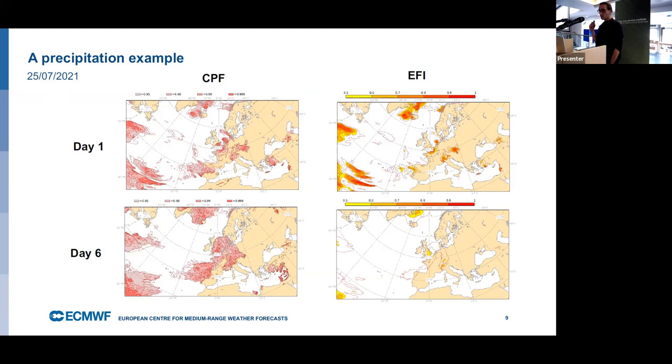If you look at day 6, we have very different signals in the crossing point forecast map and in the EFI map. The EFI, which is driven by the ensemble mean, tends to be neutral when there is a lot of spread. We have a very weak signal, while for the CPF we have a strong, widespread, and maybe noisy signal.